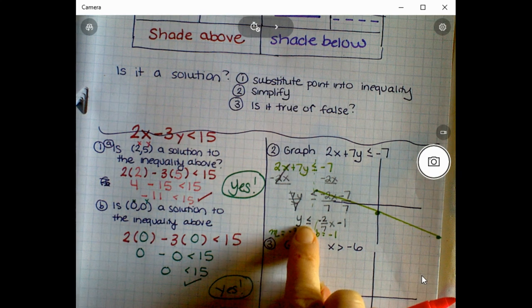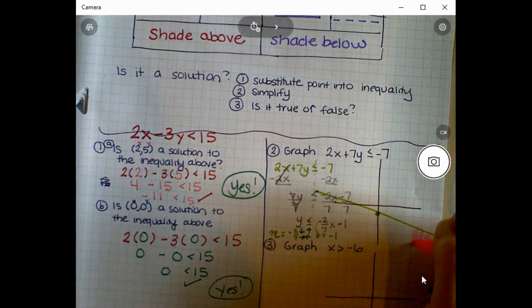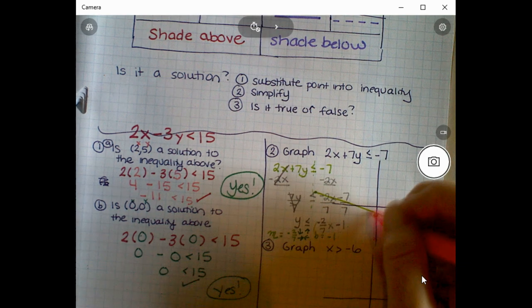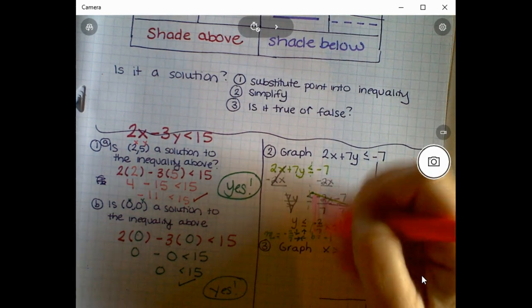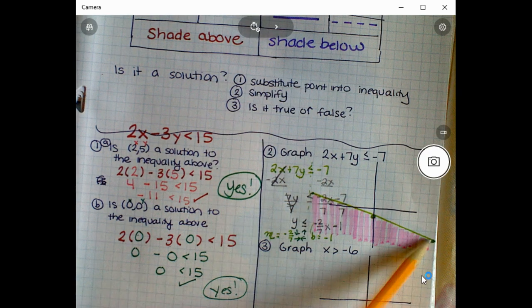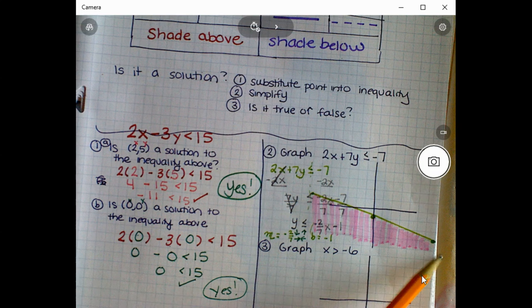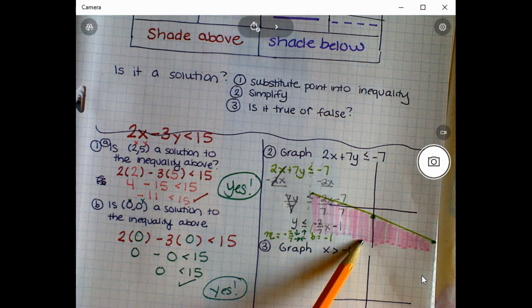Well, it says less than, so we're going to shade below the line. Okay? And what that means is that any point in this shaded area, and in this case on the line itself, any of those points are a solution to this inequality.